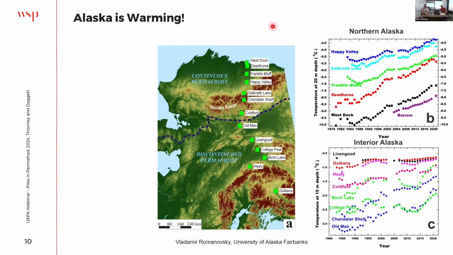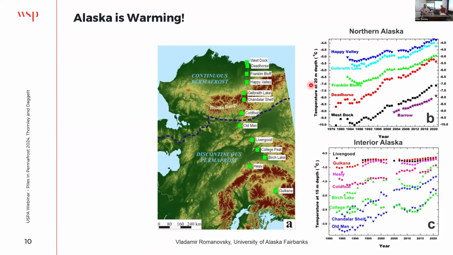So I think, to sum up this slide, Alaska is warming, and this is part of the genesis of the discussion that we wanted to have in today's presentation. This is an underlying issue throughout Alaska, this warming condition, and there is some interesting data that's been collected.